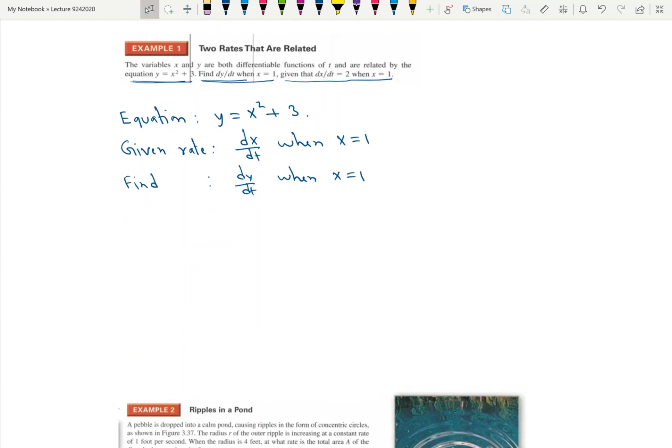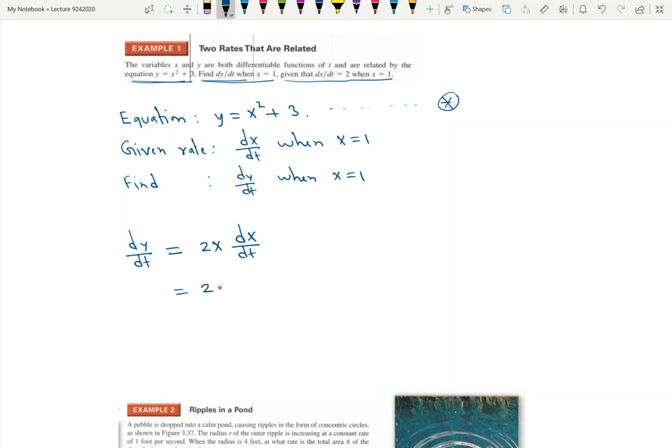Now if you take the derivative of the equation star, then it becomes dy over dt equals twice x times dx over dt. Okay, we need to find dy over dt when x equals 1.